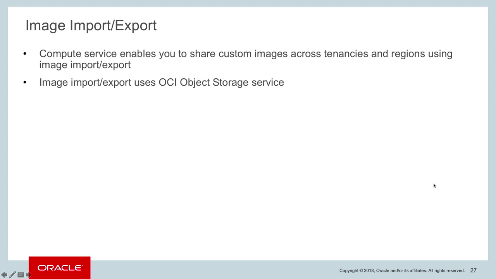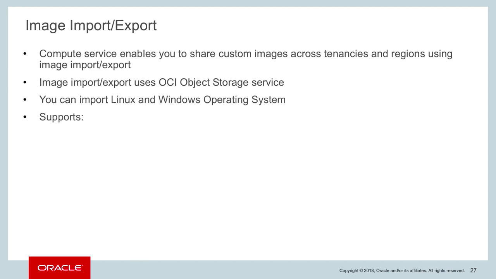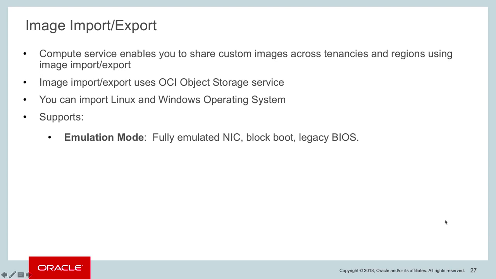All images imported and exported will be placed in a bucket of your choice in object storage. There are some import modes that you can use for your image. The first option is emulated mode, where all the drivers for network and boot disk are fully emulated. The second option is the native mode, where it offers the maximum performance as the drivers are directly connected with the hardware, and will be a good fit for bare metal instances.